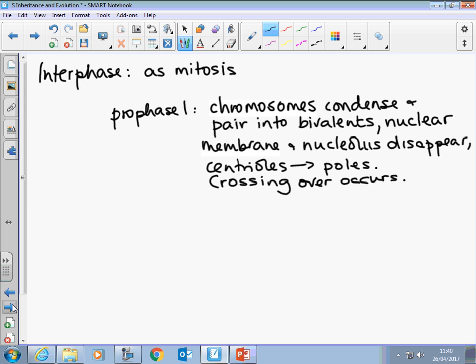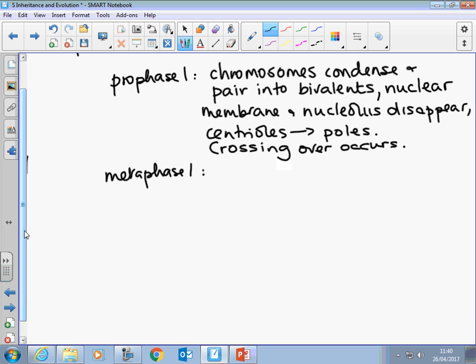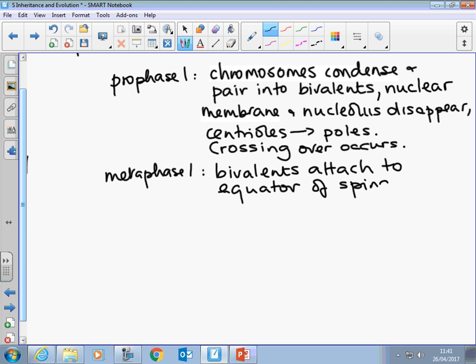Now, metaphase 1, the M still means middle, but what we have this time is the bivalents attach to the equator of the spindle. Now, the next bit, I'm not quite sure how I'm going to write this.